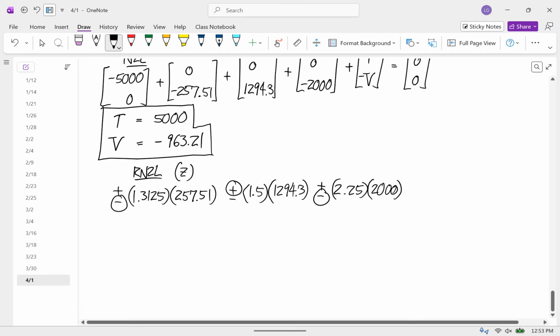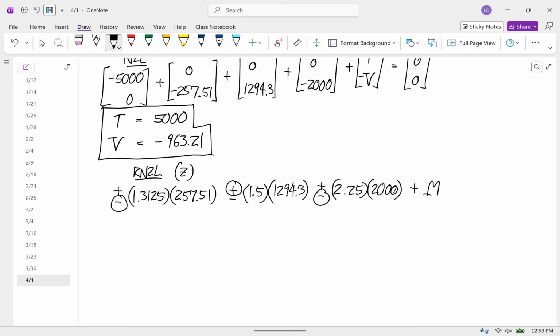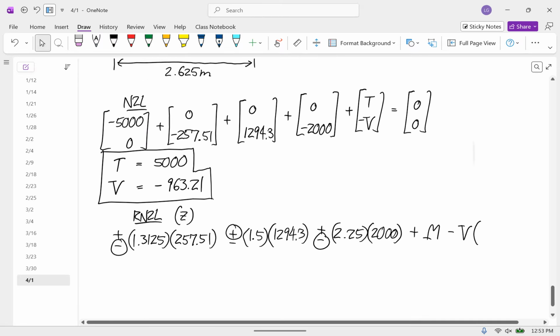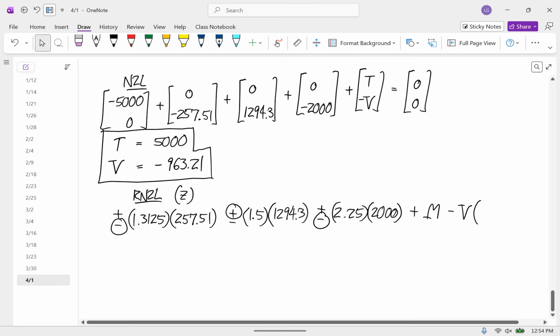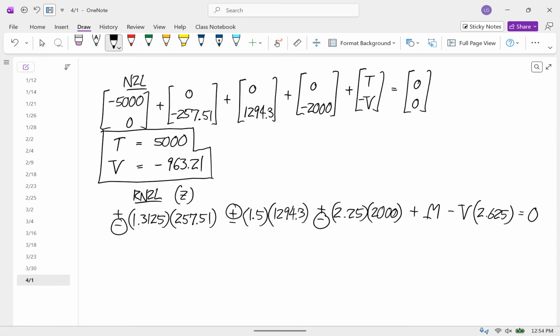Right? And then we have plus M minus Vx, and actually we know what x is. So this V is times 2.625. And V is equal to negative 963.21.